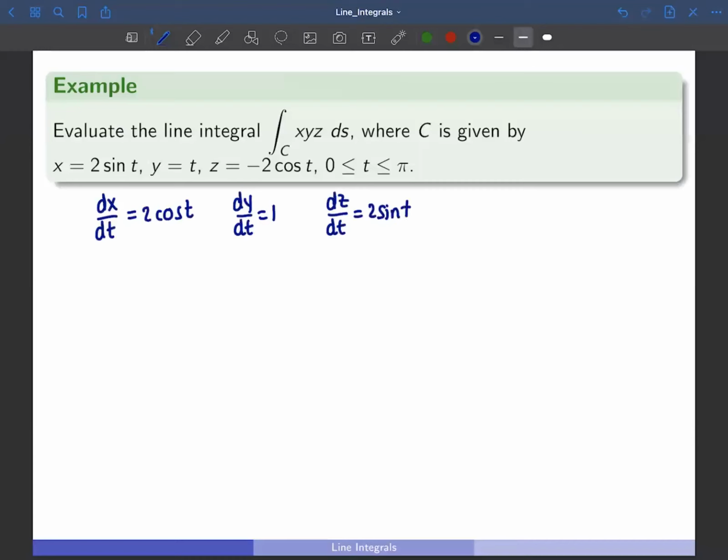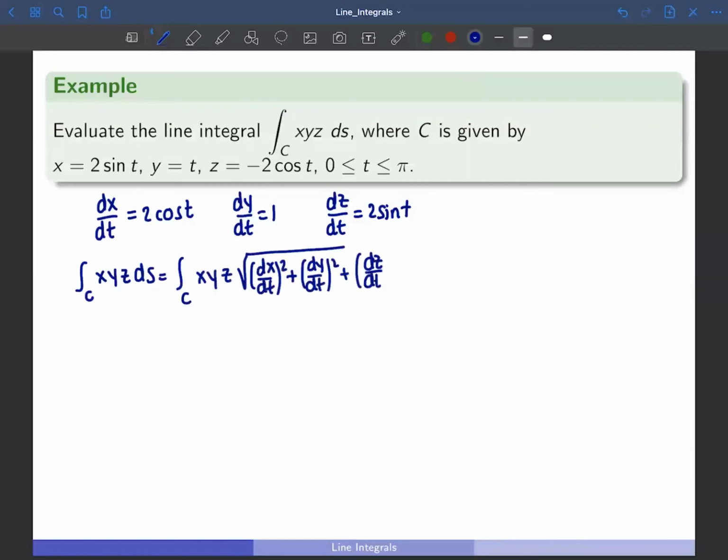Therefore, the line integral along the curve C of x times y times z times ds is equal to the line integral along C of x times y times z, where ds is equal to the square root of (dx over dt) squared plus (dy over dt) squared plus (dz over dt) squared, times dt.